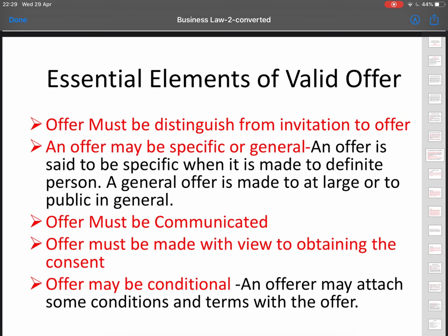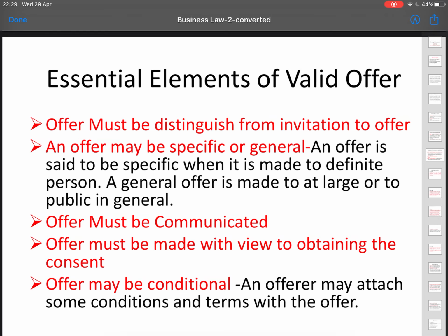A general offer, on the other hand, is one which is made to the world at large or the public in general and may be accepted by any person who fulfills the requisite conditions. For example, M makes an offer to N to sell his bicycle for 200 rupees. This is a specific offer and N alone can accept it.